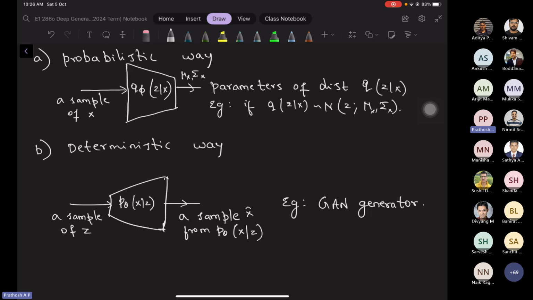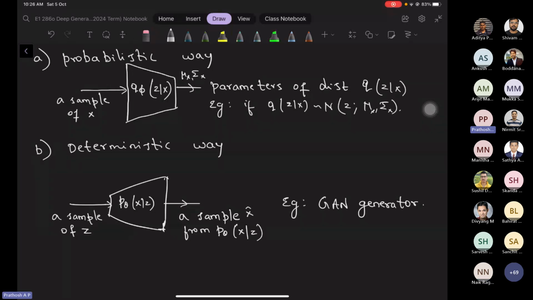Then this neural network will have a k plus k squared dimensional output, because sigma will have k squared parameters and mu will have k parameters. It will be k plus k squared stacked into a long vector. That is the output. So for one x, it will give you one output, and that can be interpreted as the parameters of a distribution. So it is modeling a family in the sense that for every x, it will give you the corresponding parameters. Yeah, got it.